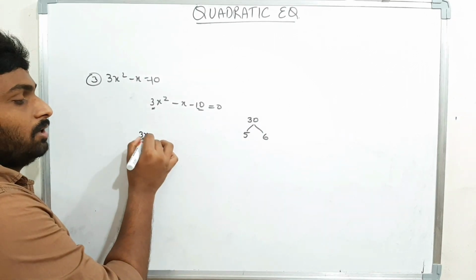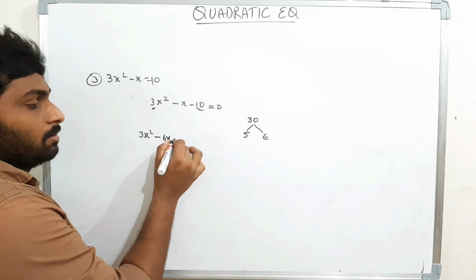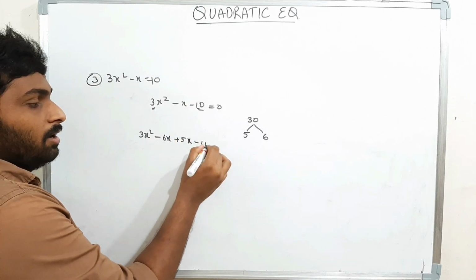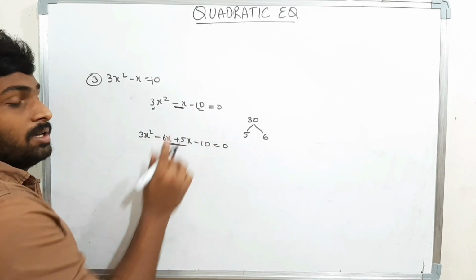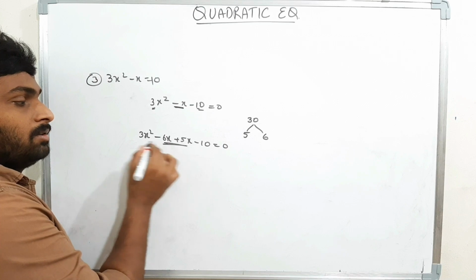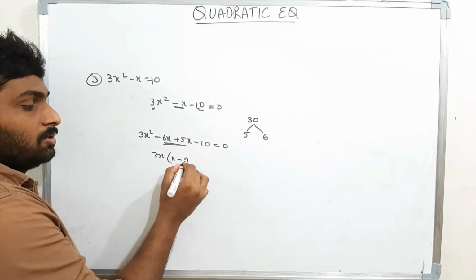Therefore, 3x square minus 6x plus 5x minus 10 is equal to 0. I should write it in such a way that I get minus x. Now in the first two terms, what can I take common? I can take 3x common. If I take 3x common, x minus 2.